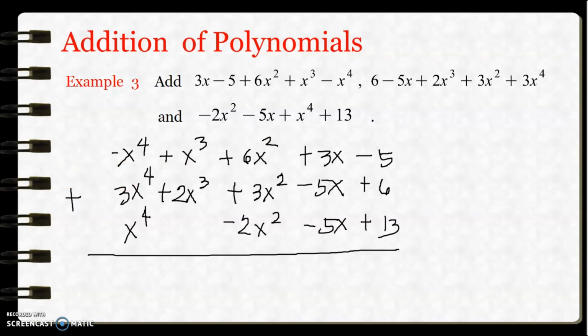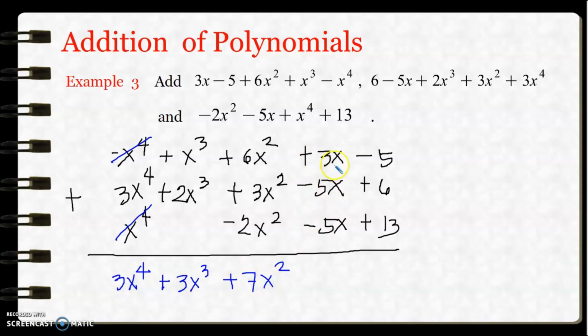So, again, we look at the numerical coefficients. As you observe, negative 1, positive 1, eliminated na, no? Eliminated yan. So, we just have 3x to the fourth. Then 1 and 2 is 3 plus 3x cubed. 6 and 3 is 9 minus 2 is 7 x squared.